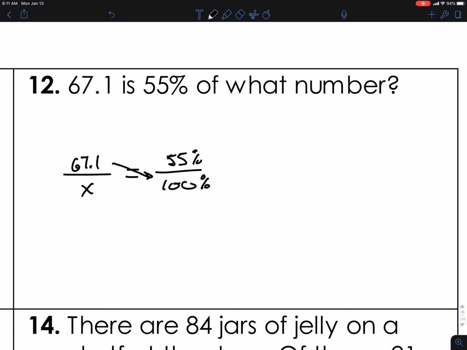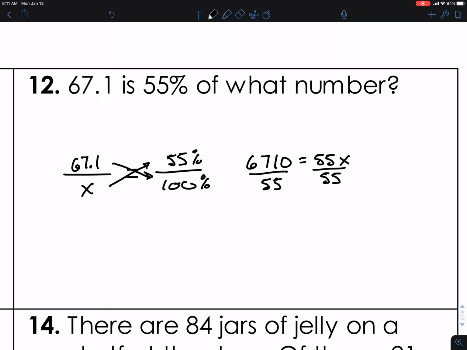So cross multiply. 67.1 times 100 gives me 6,710. X times 55 just gives me 55x. I don't want to put the percent in there. That percent's just to remind me that those are percents on that side. Divide by 55. Divide by, oops, not 50, 55.